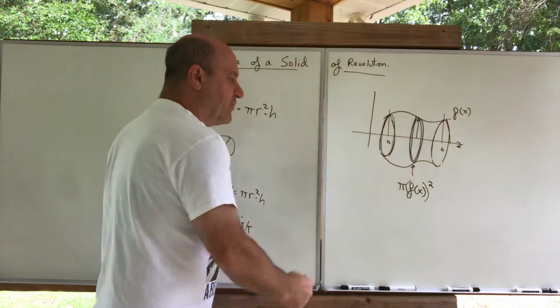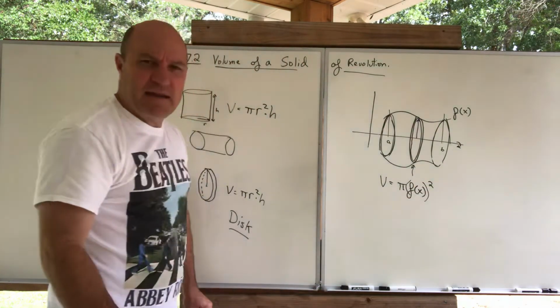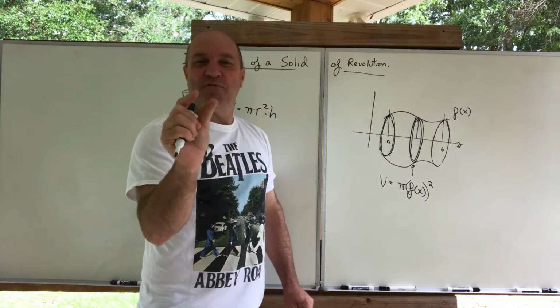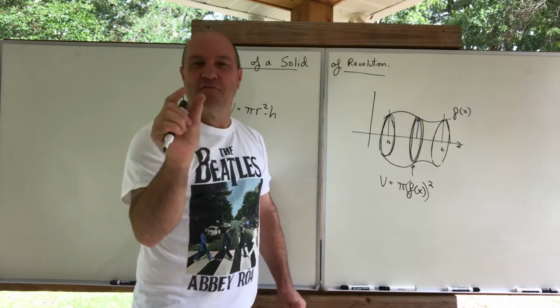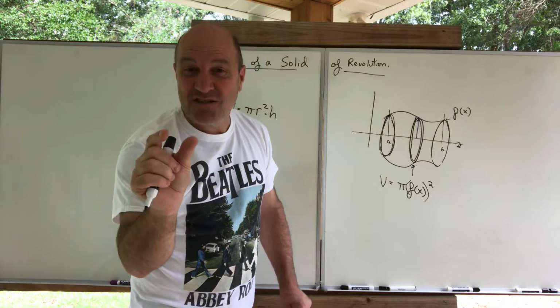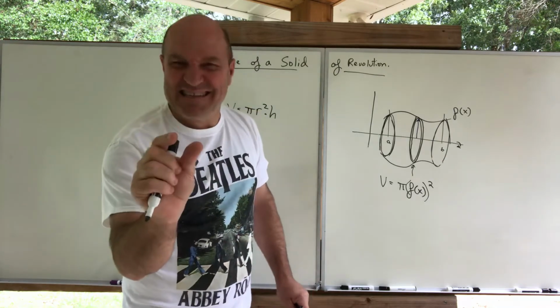And then I need to multiply by the thickness. Pi r squared, and then I need to multiply by how thick that disk is. Now you remember, we're doing area. We have our little rectangles. Remember how thick they were? Delta x. Of course, when they're really, really thin, when you let delta x go to 0, it's dx.